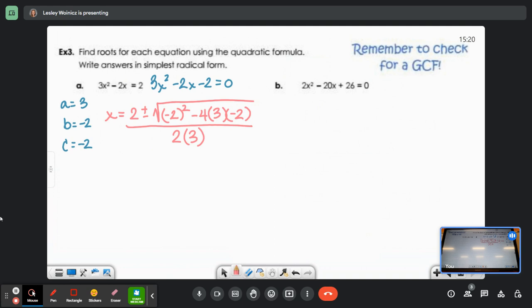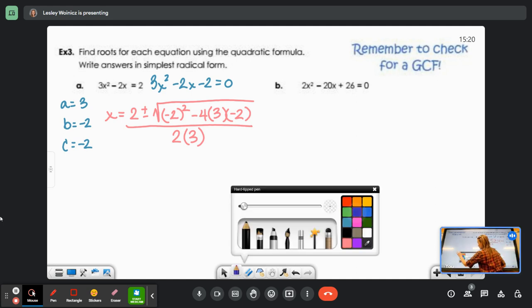Okay, simplify under your radical. Good, that's correct.